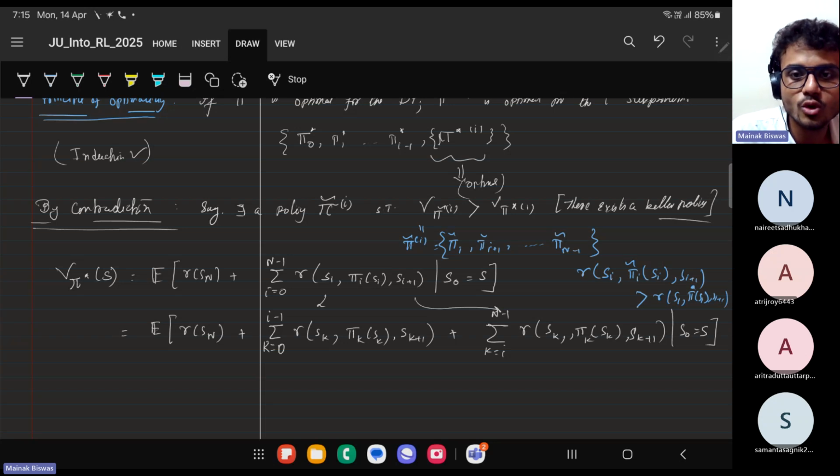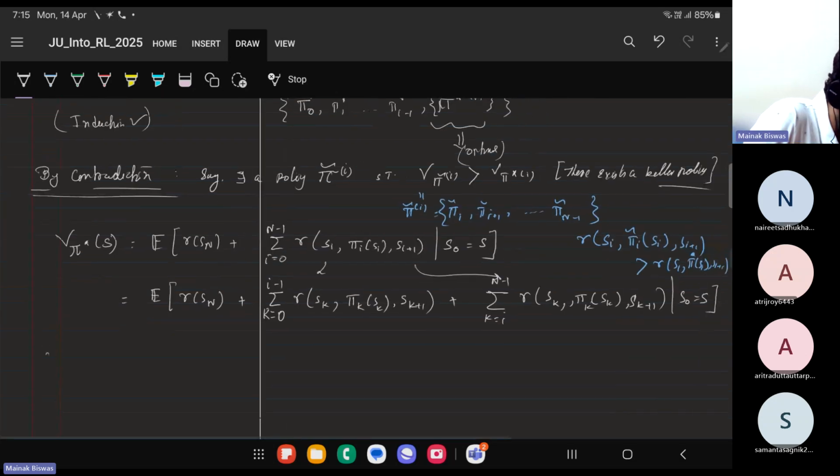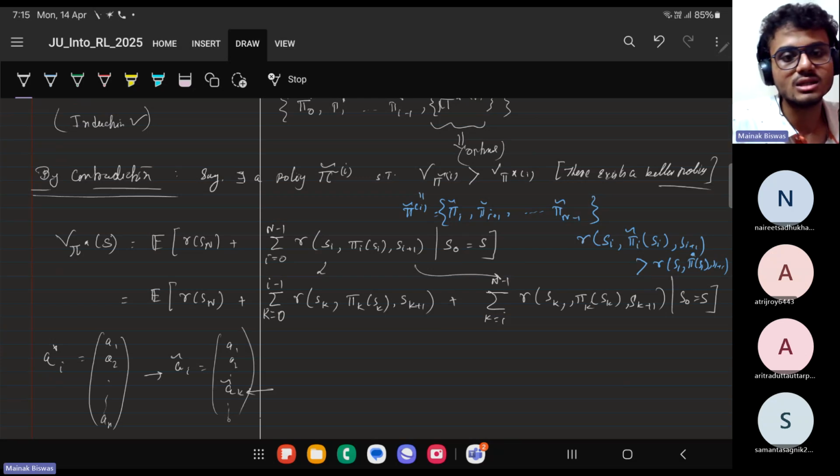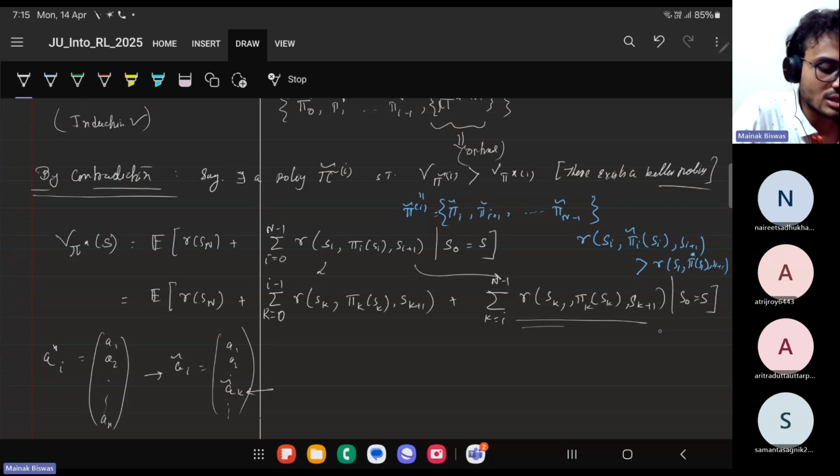So if you're receiving more reward, then the reward will be greater. You can just construct it. Say A star at stage I is some actions A1, A2 for every state. Now I change this action space to A tilde I such that everything remains the same, A1, A2, and so on, and I change, say, AK to something else such that the value function increases. So do you agree that the reward would increase for that state?